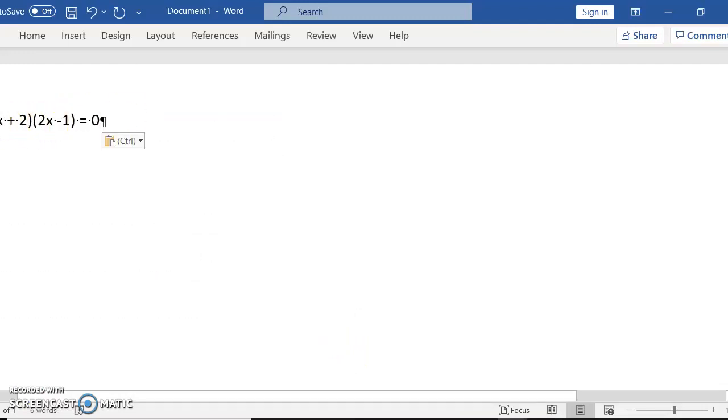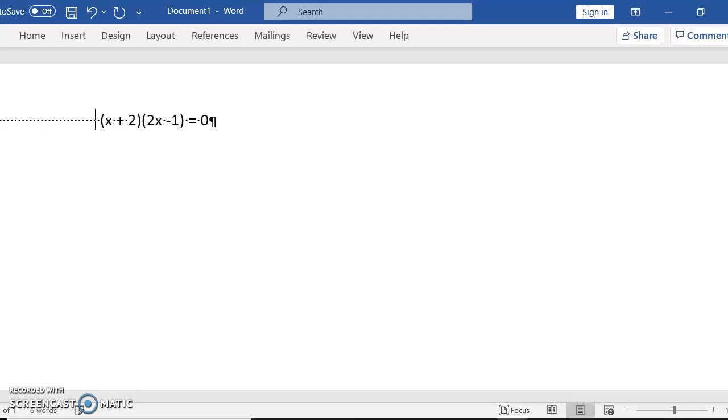All right. So we could basically just look at this almost and get a particular answer. In order to get 0, you know that x has to be equal to -2.